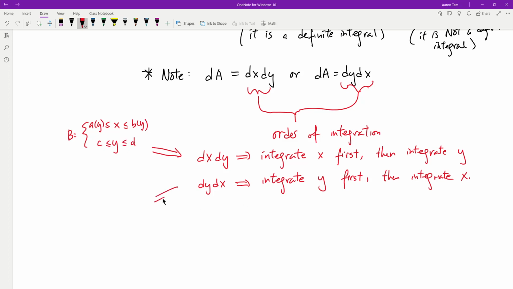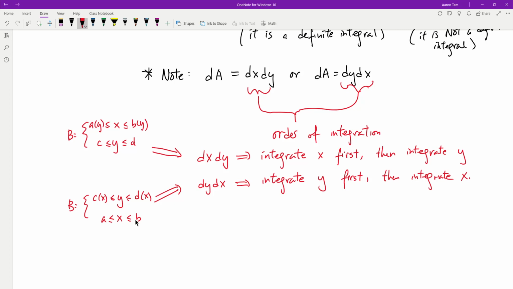Now, if you want to do dy dx, then your region B would have to be y between C of x and D of x, and then x between A and B. So don't think that you simply reverse the order of the integration and that would be it.